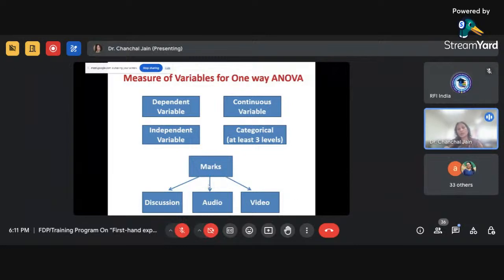So here the dependent variable will be the marks, the independent variable will be the method, and in that we are having three categories. So a minimum of three categories we need to have in the independent variable to perform one-way ANOVA.